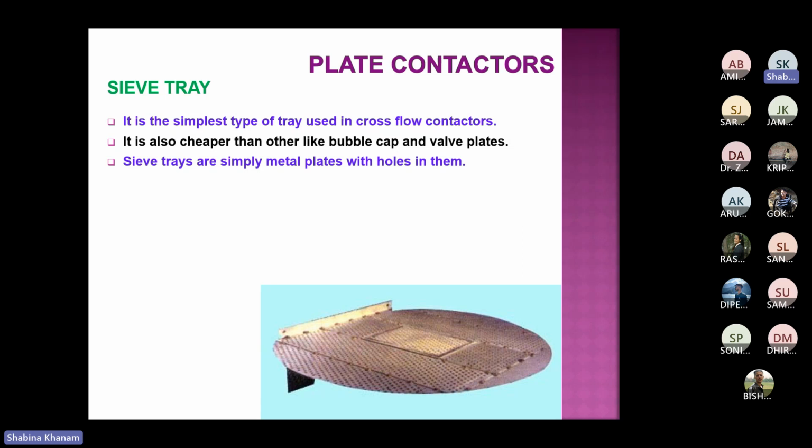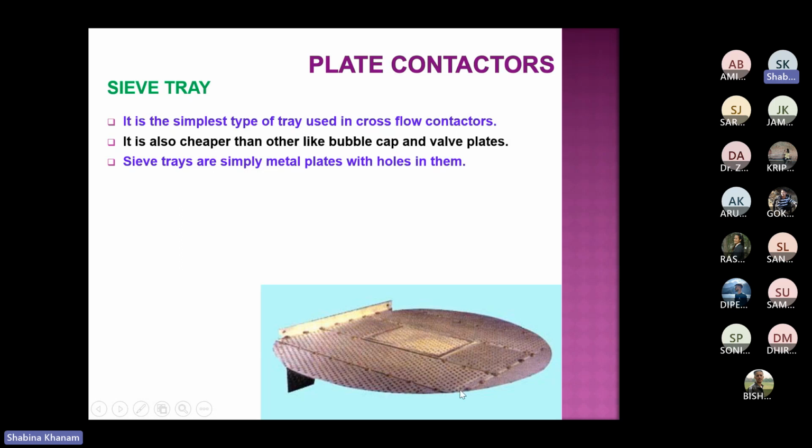I hope you are getting my point. However, that ring is not available in the downcomer section. Otherwise, it will create hindrance in the movement of liquid through the downcomer. So the periphery of the plate, in the same design, is welded at the inner diameter of the column, and over that this plate stays, and these are bolted.